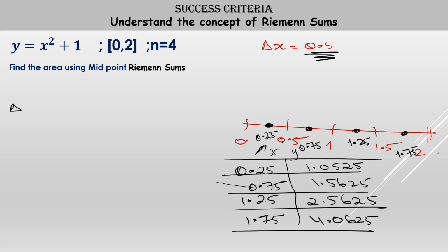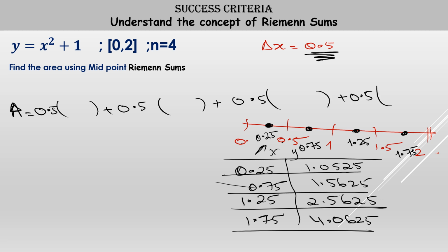Now just the same thing. Delta x stays the same, that means 0.5. Now f of x1, f of x2, f of x3 and f of x4 will change in this scenario also. Why? Because you will write the heights on the basis of these calculated numbers.